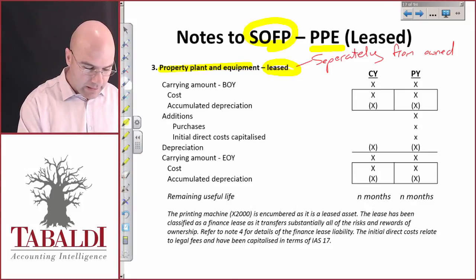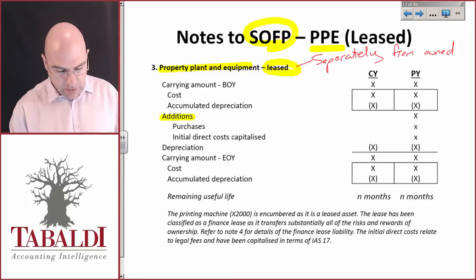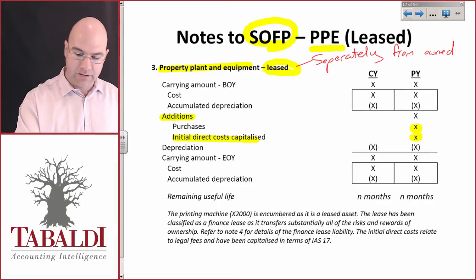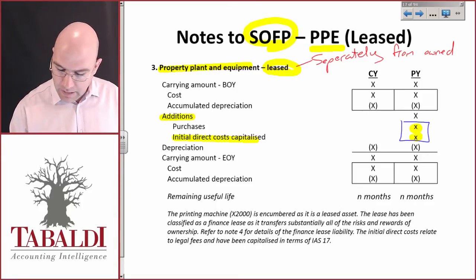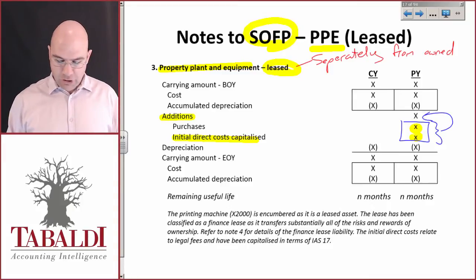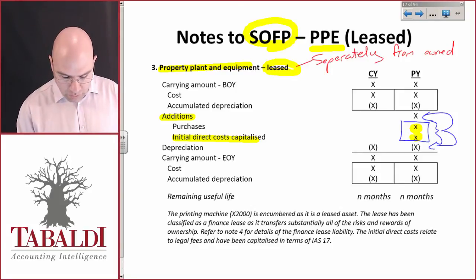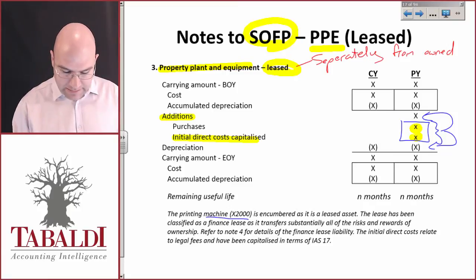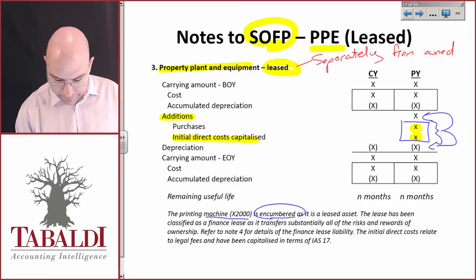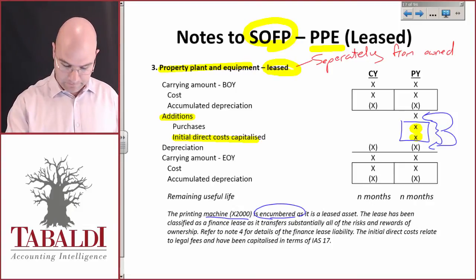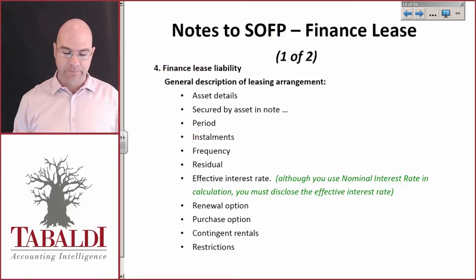Carrying on, in here you will see that as part of additions, we capitalize the initial direct costs to the purchases, put a block around it, the total is the additions. Okay, and depreciation will be based on that total figure. Okay, moving on. Also reference to the fact that the machine that is leased is encumbered. Okay, there's security over it, and you will refer off to the lease note. Here we go, I've referred to note 4 for details of the finance lease liability.